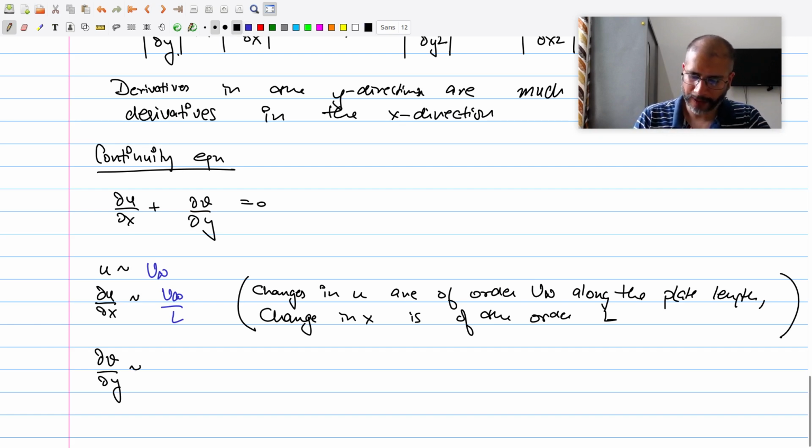Okay, so the order of del v by del x is going to be the change. If you're talking about the boundary layer like this, then in the delta thickness, what is the change in v? We don't know what the change in v is, so we'll call it delta v. You'll slowly see where we are heading.